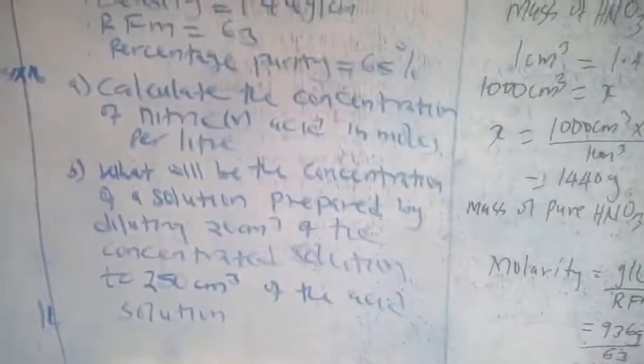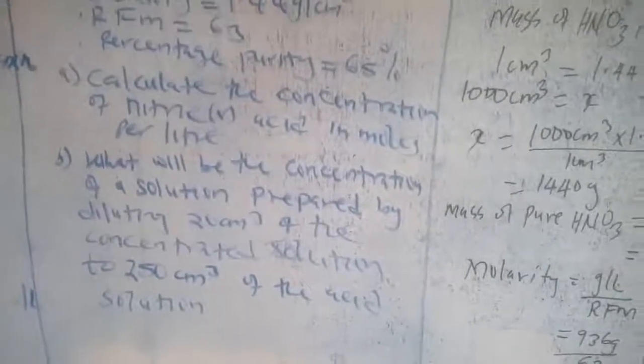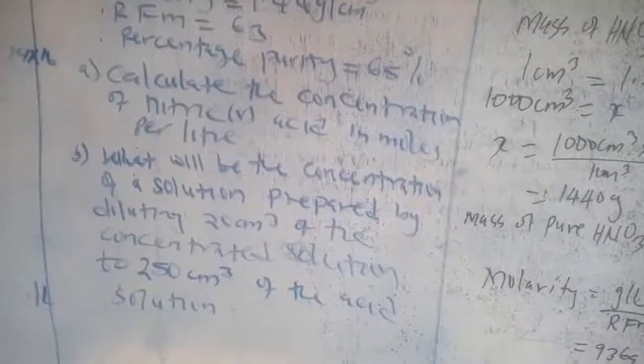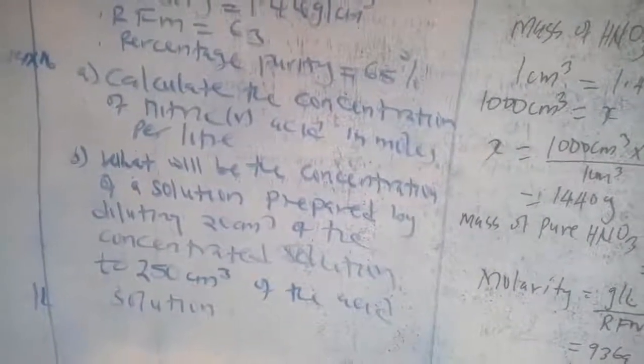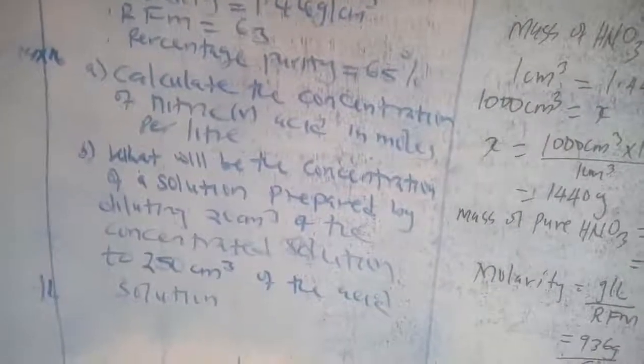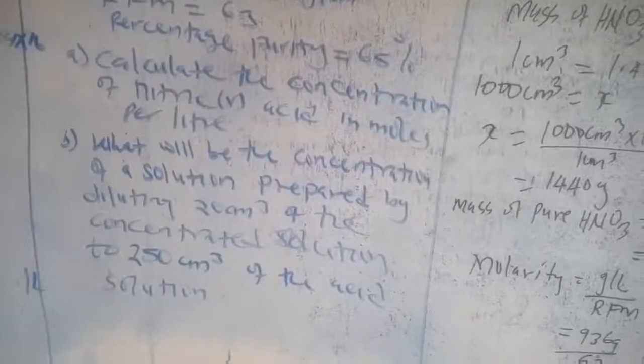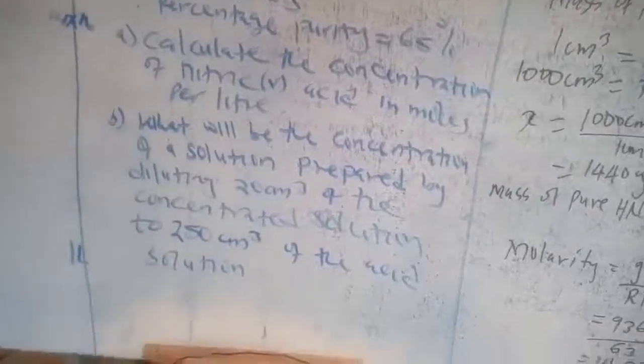The second question asks, what will be the concentration of a solution prepared by diluting 20 cubic centimeters of the concentrated solution to 250 cubic centimeters of the acid solution.